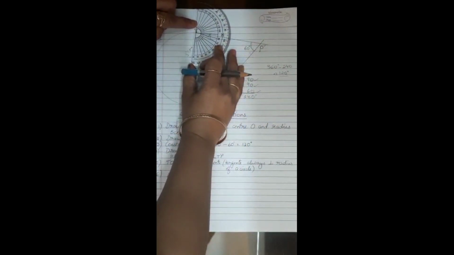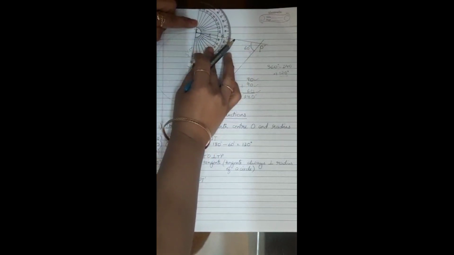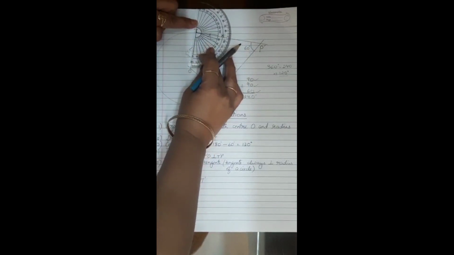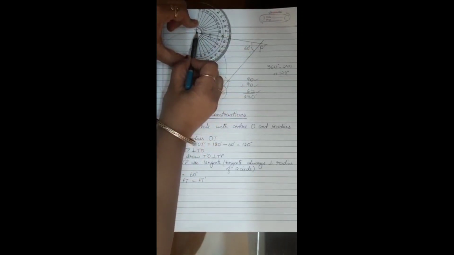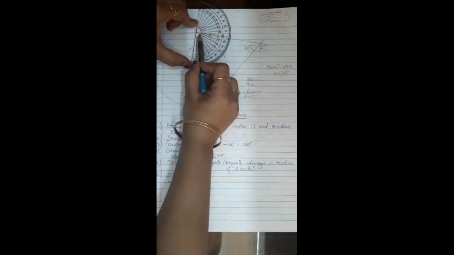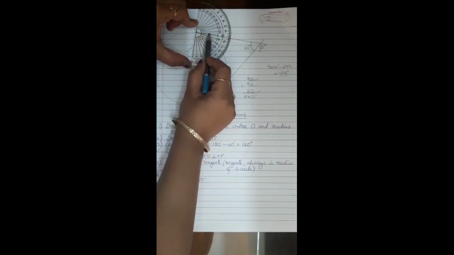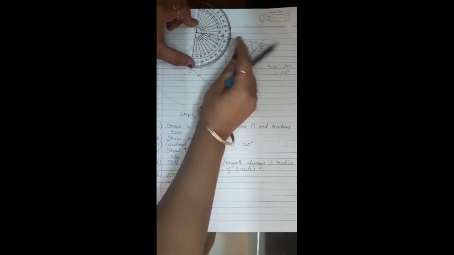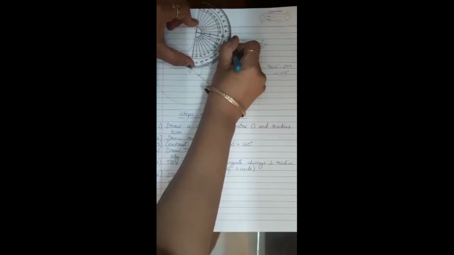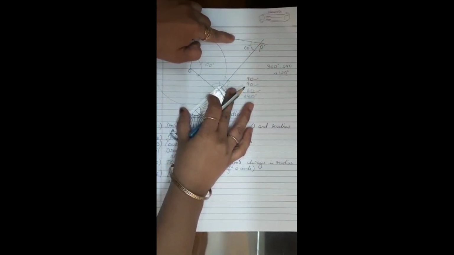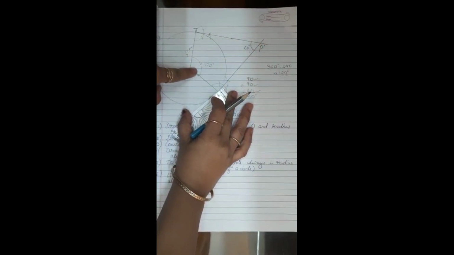Okay, see, at the point T, make an angle of 90 degrees. Sorry, make a perpendicular, because the tangent is always perpendicular to the radius. So I have taken a point and made a 90 degree angle. Okay, now we know the middle angle is 120 degrees.